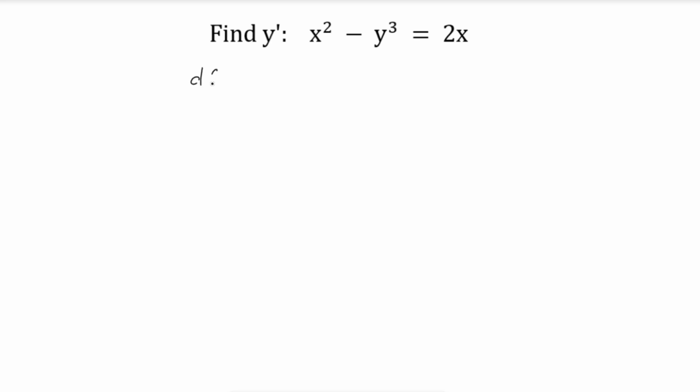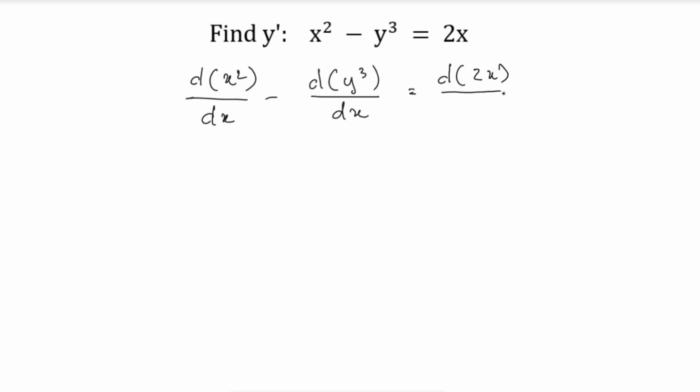So the derivative of x squared over dx minus the derivative of y cubed over dx equals the derivative of 2x in terms of x. Right here you can see that d x squared over dx means you take the derivative of x squared in terms of x, which is 2x.